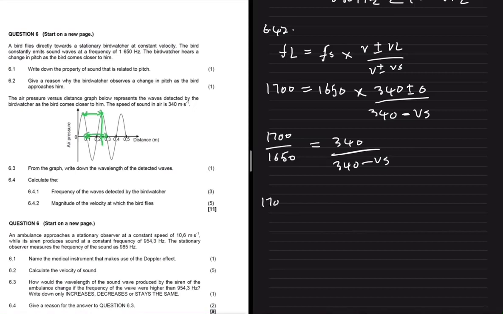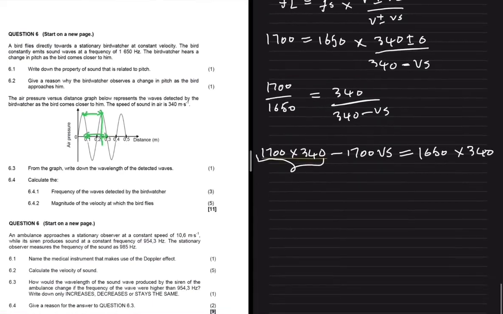So I'm going to have 1700 multiplied by 340 minus 1700 multiplied by VS, which equals 1650 multiplied by 340. I'm going to take this expression to the right hand side so that I can further isolate VS.